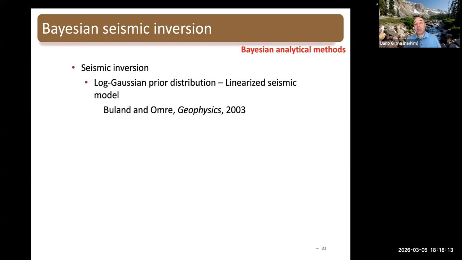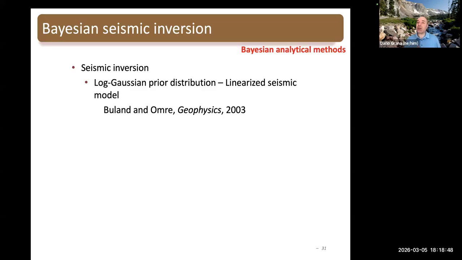The novelty in the work of Buland and Omre is that they take a Gaussian distribution of the logarithm of the elastic properties, and combined with the linearization of the model, they come up with an analytical posterior distribution of the elastic properties. There are some key elements that are not simple to implement, but essentially, if you're assuming that the logarithm of the elastic properties is Gaussian, it means that the elastic properties are log-normal.